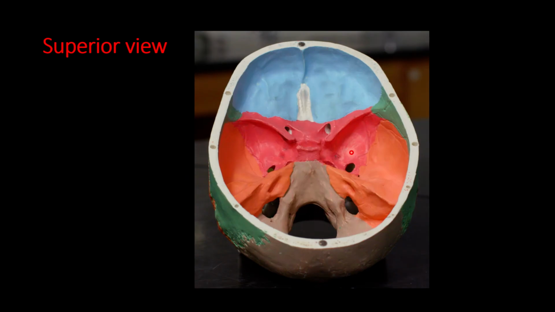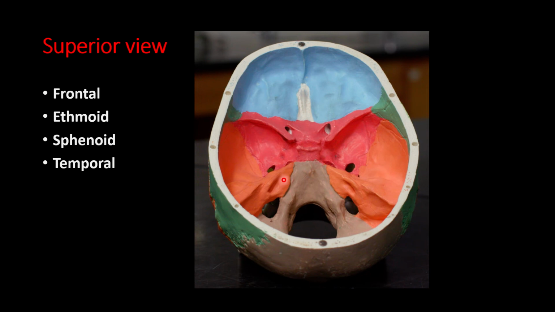From the superior view, you have the frontal bone, so part of the frontal bone. You have small part of the ethmoid bone. This area that you see, this whole area is sphenoid, so just one bone.